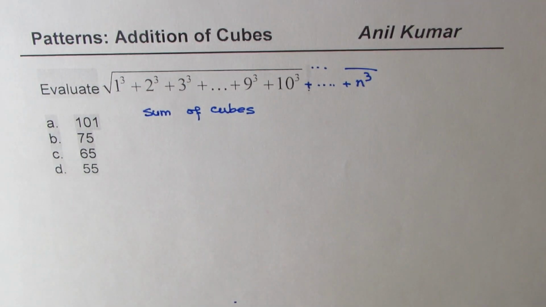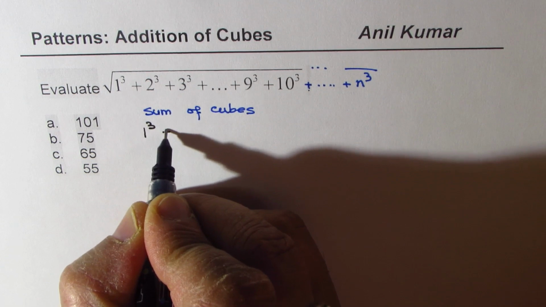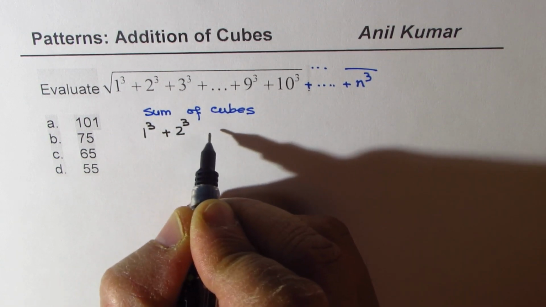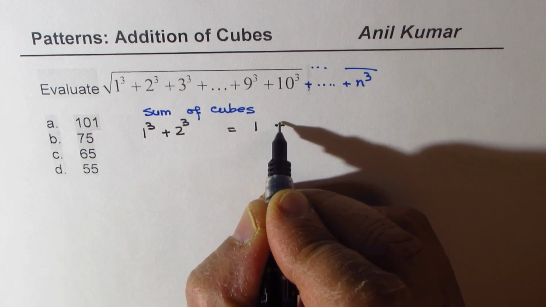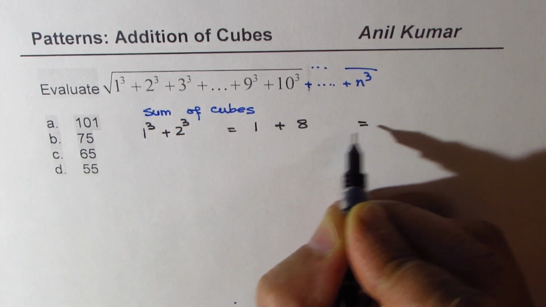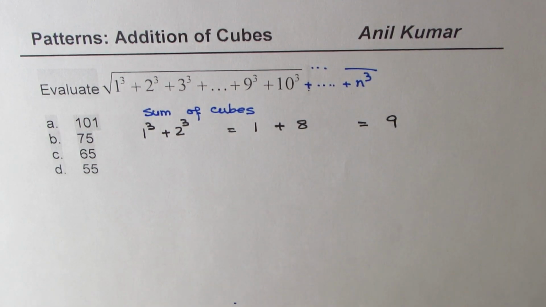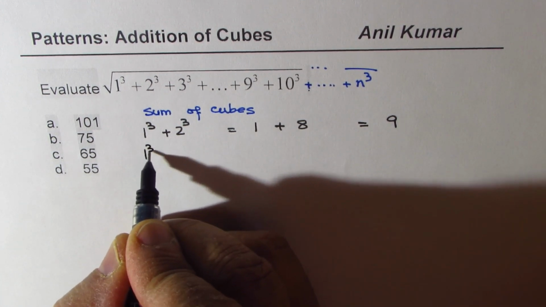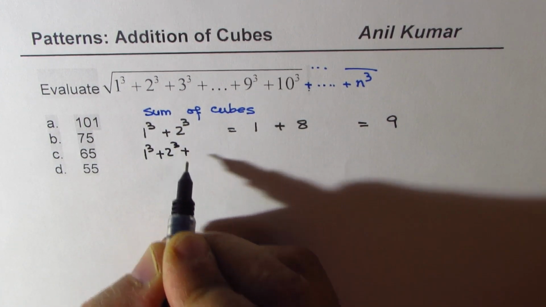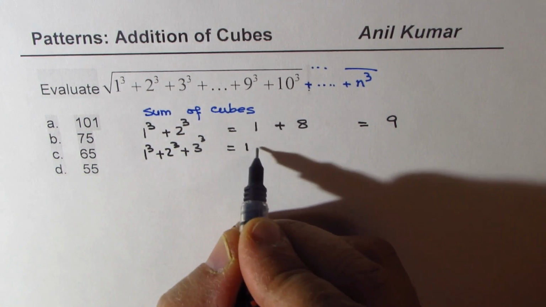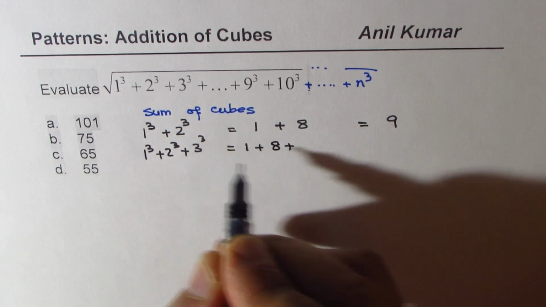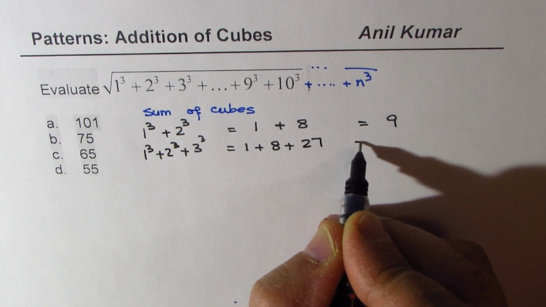So let's begin with what is 1 cube plus 2 cube? Well, 1 cube is 1 and 2 cube is 8. And when you add it up, you get 9. Perfect. Now if I do 1 cube plus 2 cube plus 3 cube, what do I get? 1 cube is 1, 2 cube is 8, and 3 cube will add 27 to it, right?